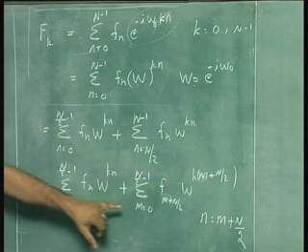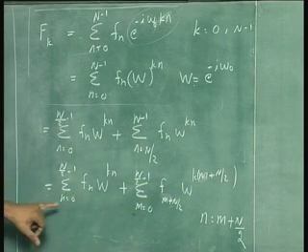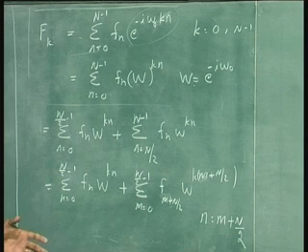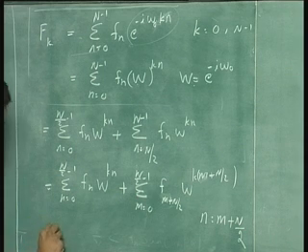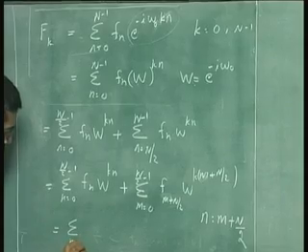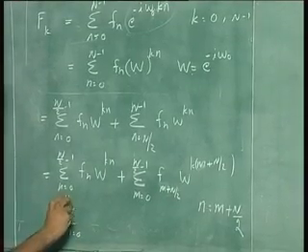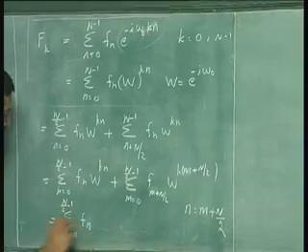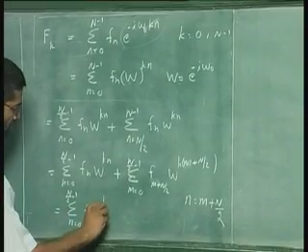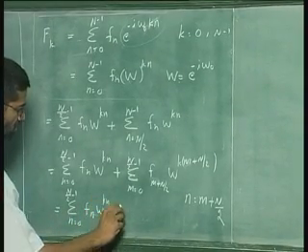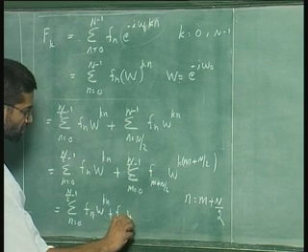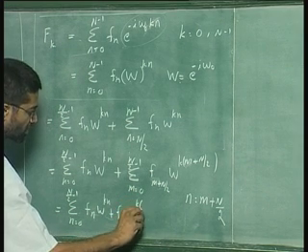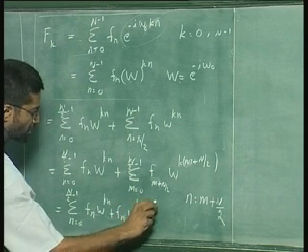So now you see these are dummy variables, m and n are dummy variables, so I can just write them as n itself. So I will write my discrete Fourier transform now as n going from 0 to N by 2 minus 1 of f(n) W^(kn) plus f(n + N/2) W^(k(n + N/2)).